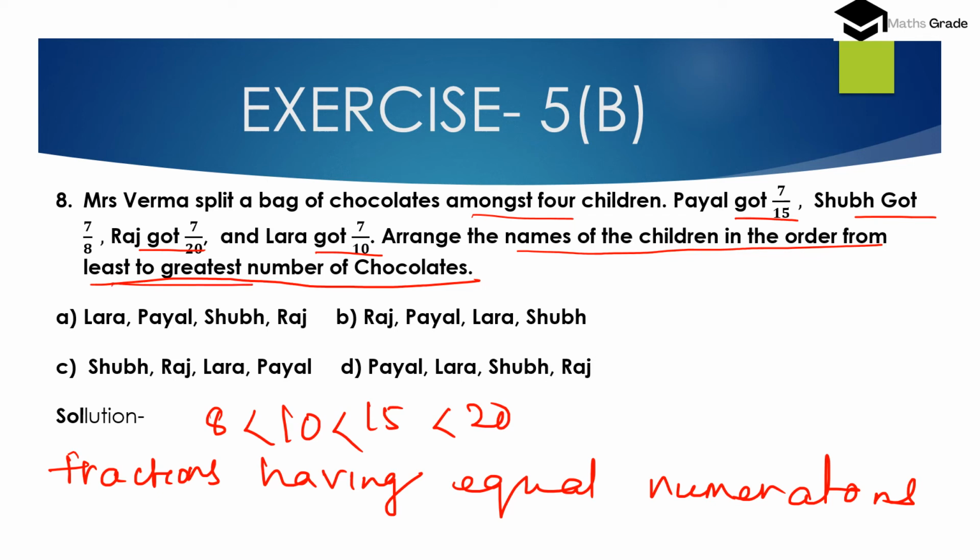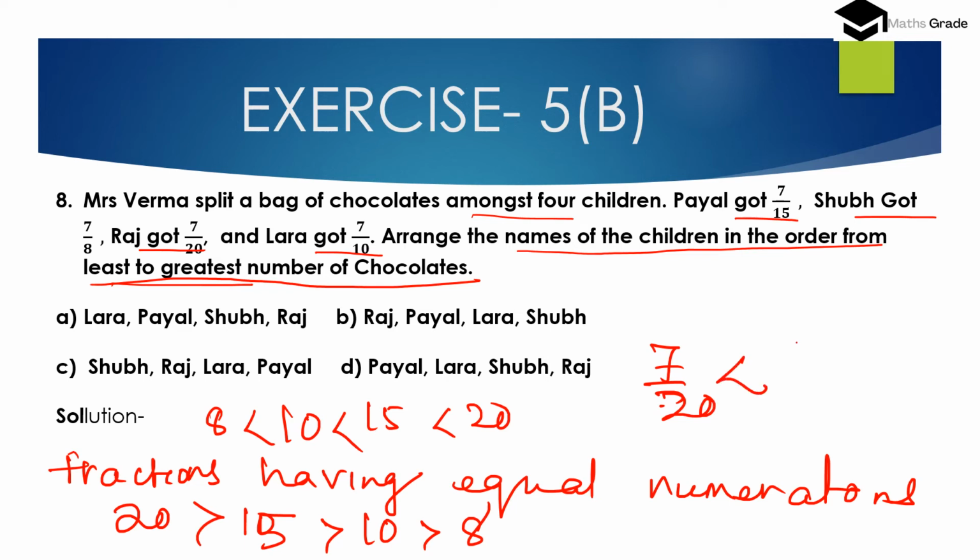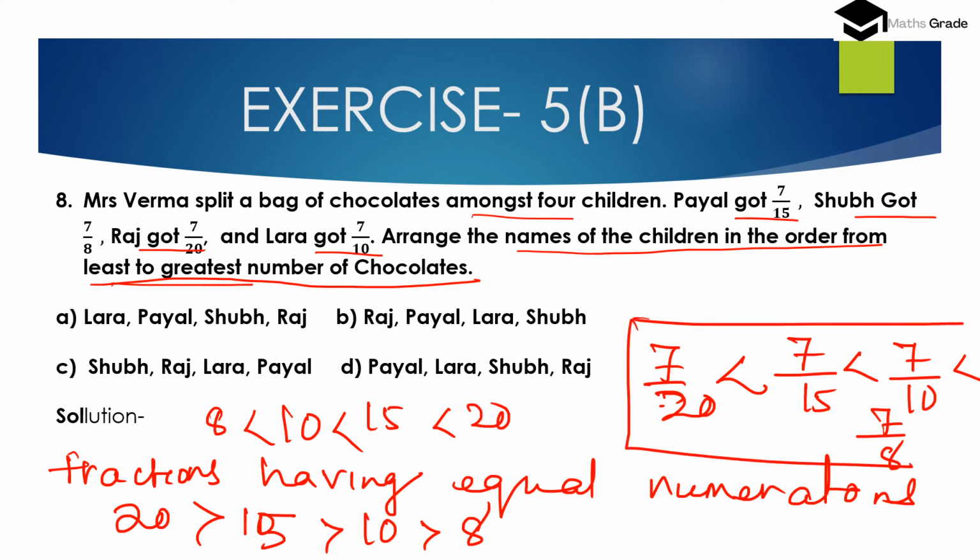So 20 is greater than 15, is greater than 10, is greater than 8. So the fractions are 7/20 is less than 7/15, is less than 7/10, is less than 7/8.